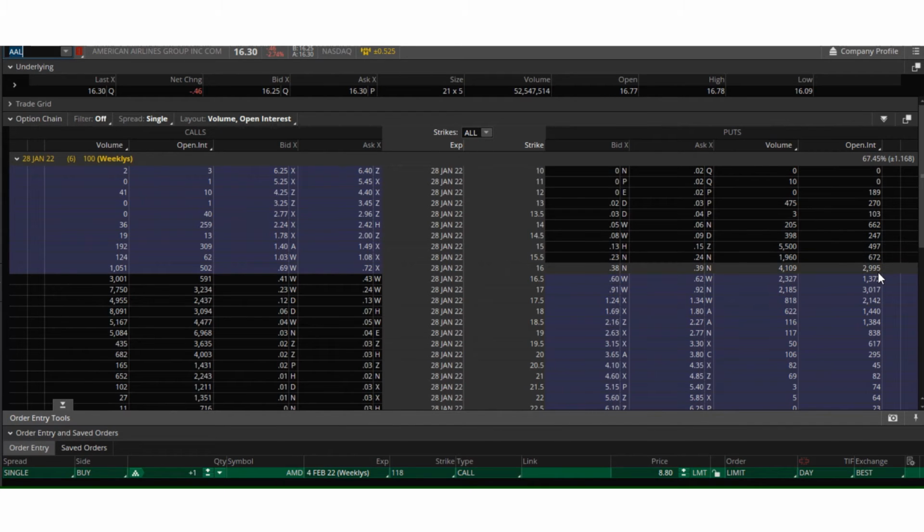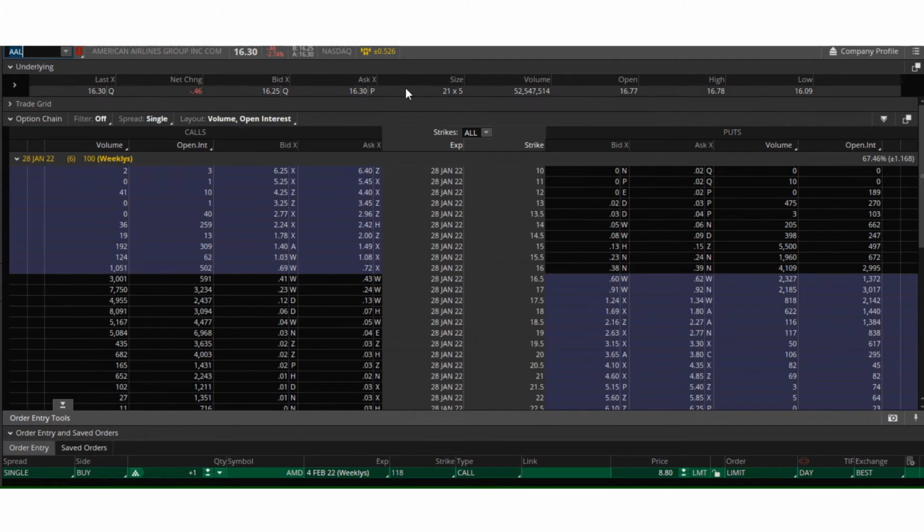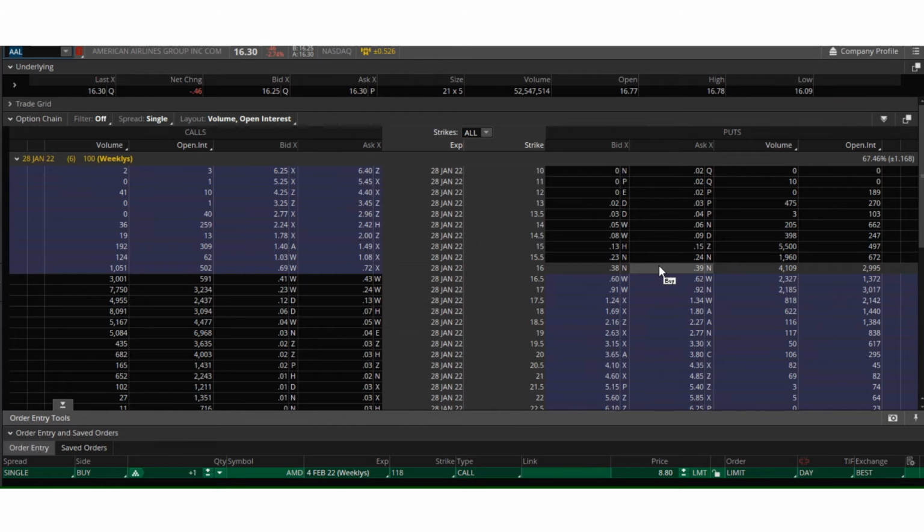Open interest on the put side is 2,995. So you've got very high liquidity. There should be no problem in entering this trade. And as soon as you feel that you want to exit, whether you're making a profit or at a loss, you should be able to exit this trade fairly quickly. So you shouldn't have a problem with this kind of a trade.